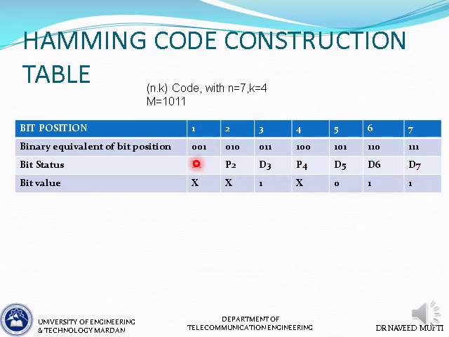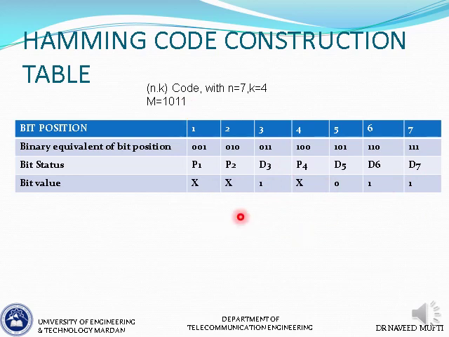These are the numbering, so that you are clear that this parity bit is of position 1, position 2, this data bit is of position 3, this parity bit is of position 4 and so on. And then finally in the last row you can have the value of the bits. Right now you just have the value of the data bits 1011. You don't know yet the values of the parity bits.